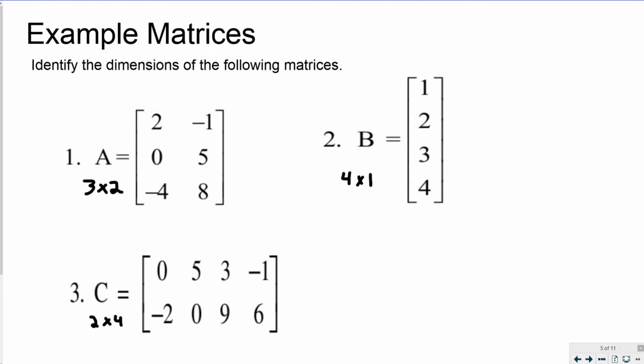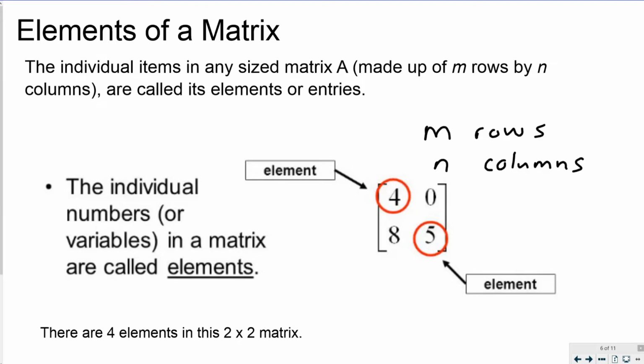Okay, moving on. Elements of a matrix. The individual numbers and variables in any sized matrix A, made up of m rows by n columns, are called elements, or sometimes entries, but we usually use the phrase elements. There are exactly that many elements as the dimensions multiplied out.